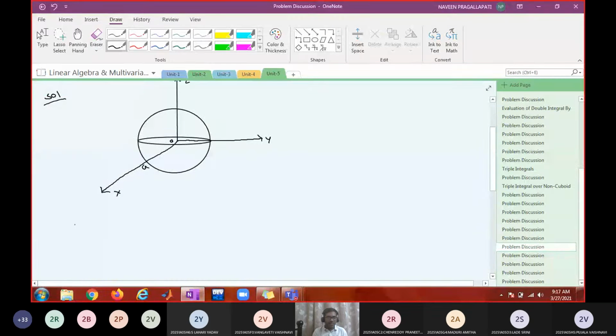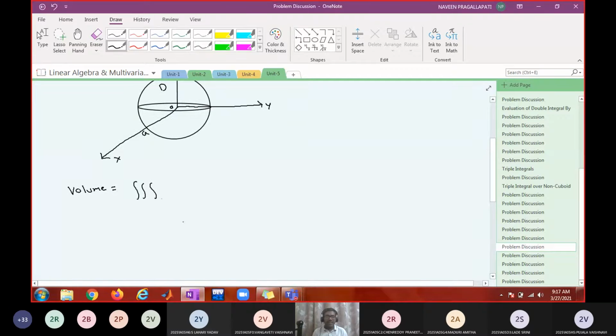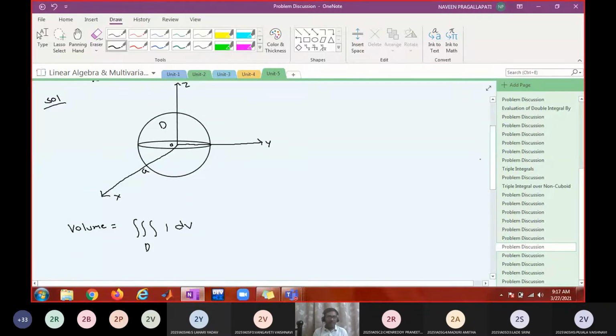What is the volume formula using triple integral? Call this region D. Volume equal to triple integral. What is the integrand value? 1 dV. Volume is triple integral 1 dV over the domain D.